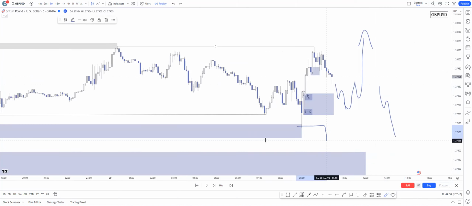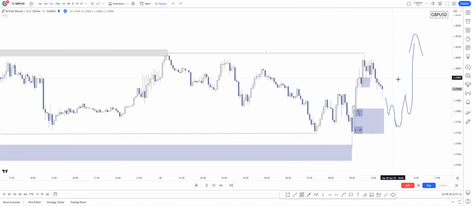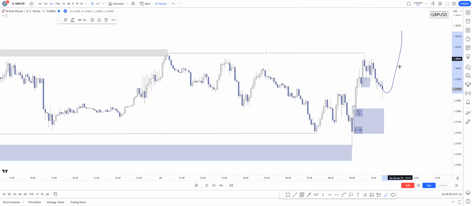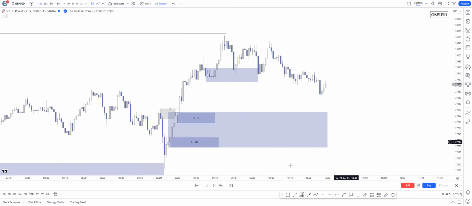But a deeper mitigation on this last recent 50-minute demand is still possible. So technically this is the main plan that I'm waiting for. If price can manage to do a new breakout structure, then on the newly formed demand area, we can look for longs once again. So let's play price forward.